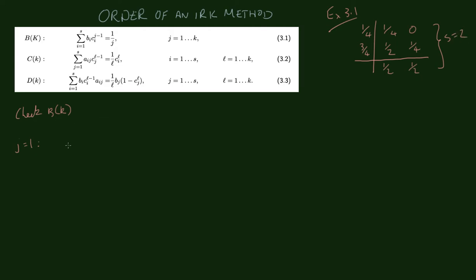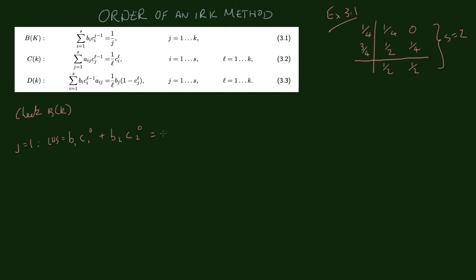So we have a summation from i = 1 to 2, so we have b1 c1 to the power j minus 1, well in this case j is 1, so that's 0, plus b2 times c2 to the power 0. So I must actually say that's the left hand side.